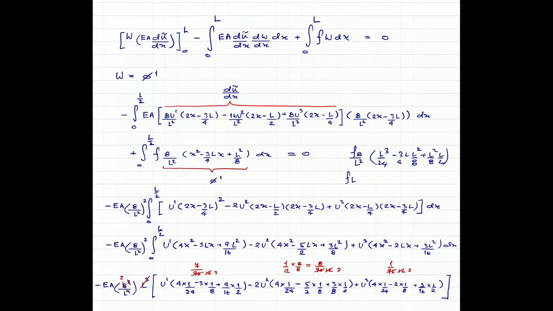Turns out you get FL/8 is there, and 1/24 minus 1/16. So 1/16 is 2/32. We get minus 1/32. Minus 1/32, 1/24.